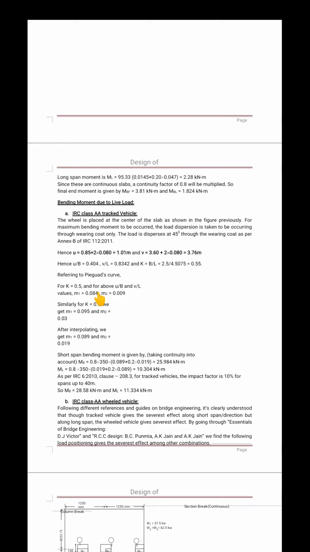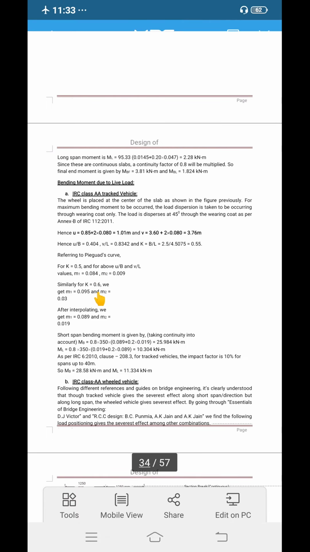We need to check the value for k equal to 0.6. So interpolate it, whatever value we get, that is for k equal to 0.55. So for k equal to 0.5, u by b ratio is equal to 0.404 and v by l ratio is equal to 0.8342. We need to check the answers.